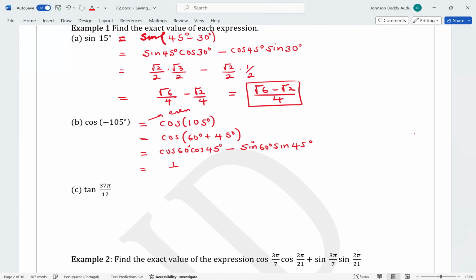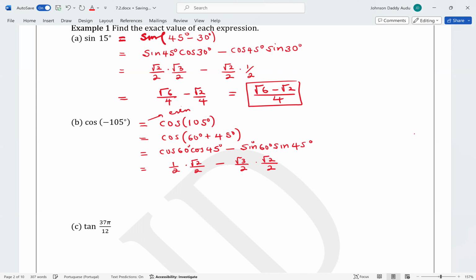Cosine 60 is 1 over 2 times cosine 45, root 2 over 2, minus sine 60, which is root 3 over 2, and root 2 over 2. This will give us root 2 over 4 minus root 6 over 4, which we can write as root 2 minus root 6 over 4.